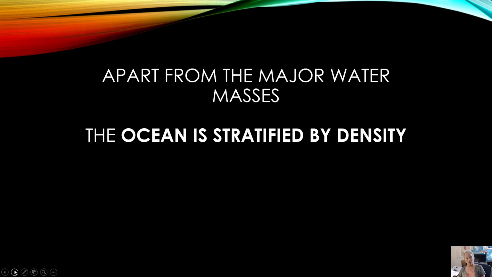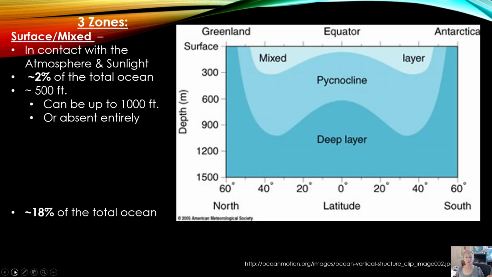All right, so again, apart from those major water masses like the Antarctic bottom and stuff like that I was talking about last time, the overall ocean is structured by density, right? Makes sense. The lightest stuff's going to be at the top, the heaviest stuff's going to be at the bottom. Overall, we call the surface layer the surface or mixed layer.